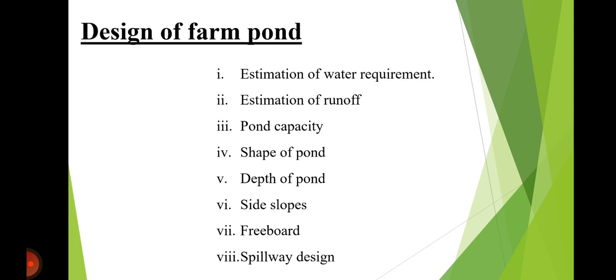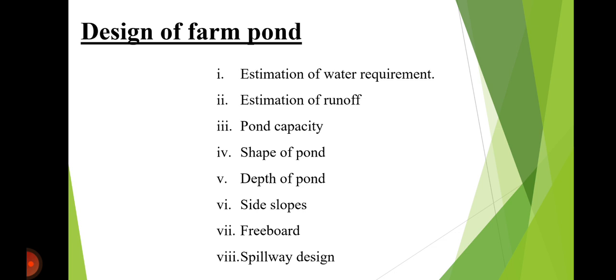So there are 8 steps used for the design of the farm pond, and there are some considerations. There are 5 considerations. Just look over the considerations of the design. Minimize the seepage losses by compaction or lining. It provides stable side slopes and ensures easy access for desilting and maintenance.